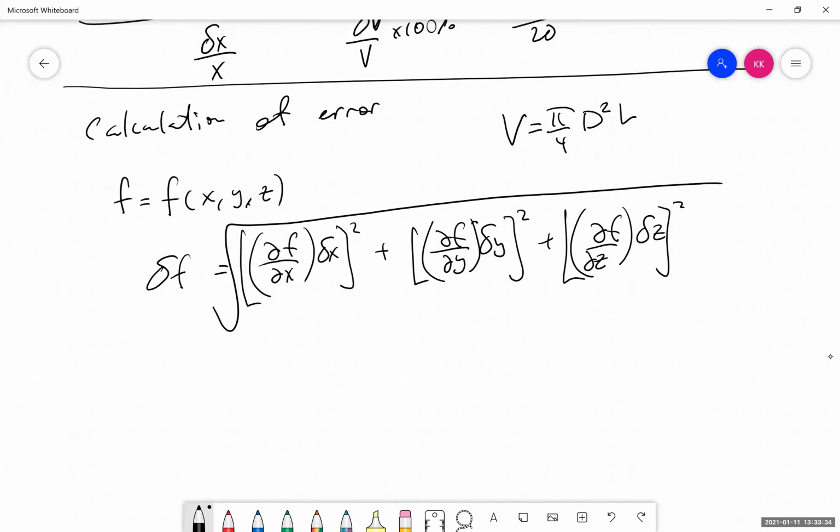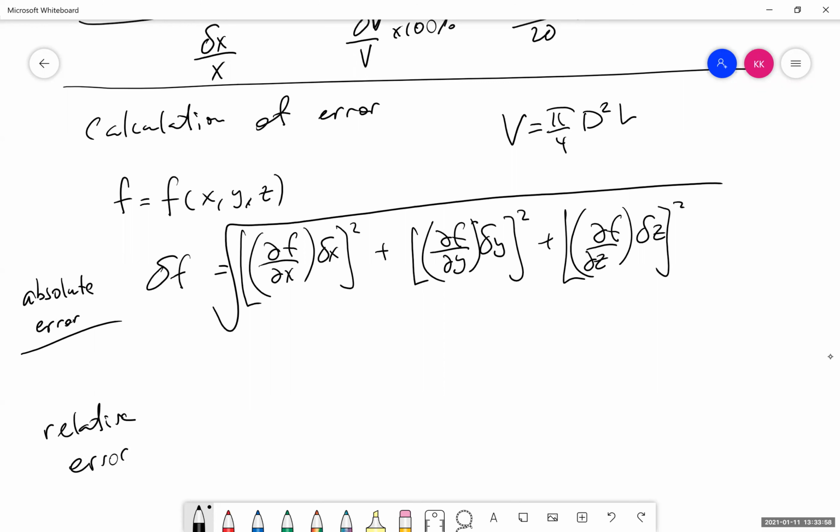So we can use this equation to calculate the absolute error, and then we can also calculate the relative error. So this is the absolute error. And then you can also do the relative error.